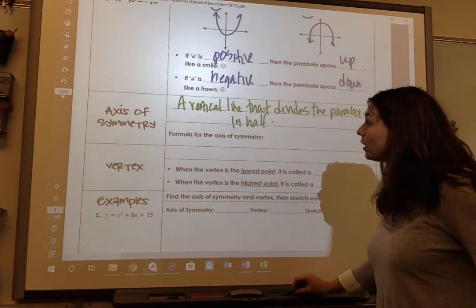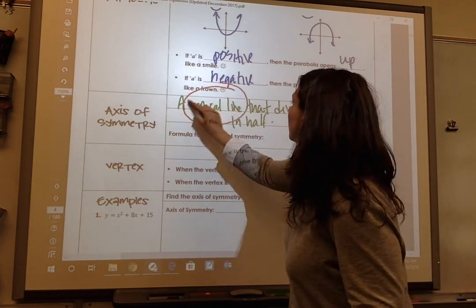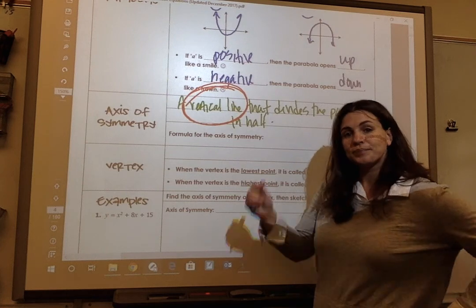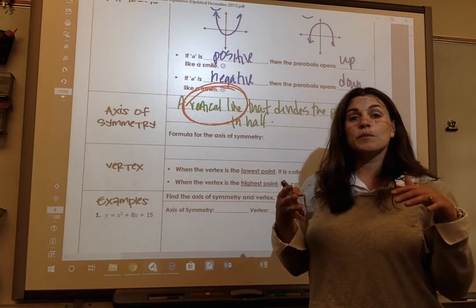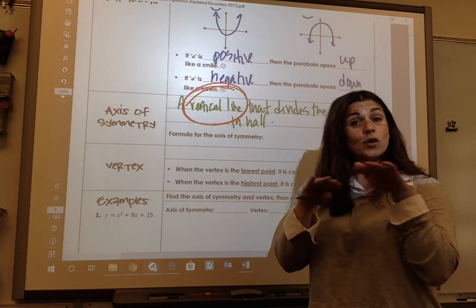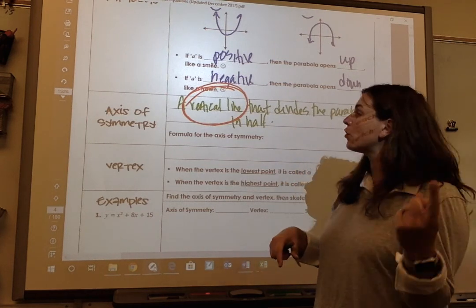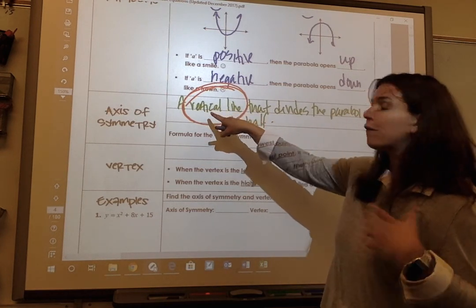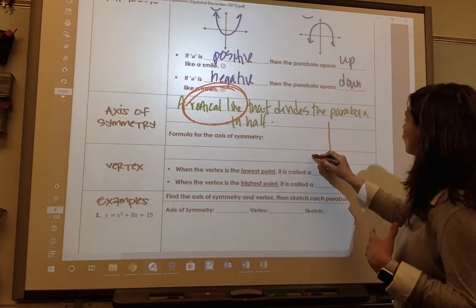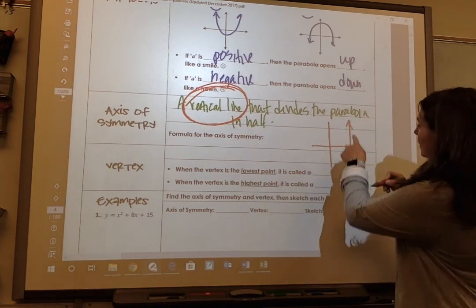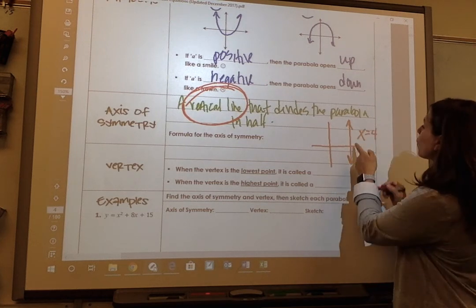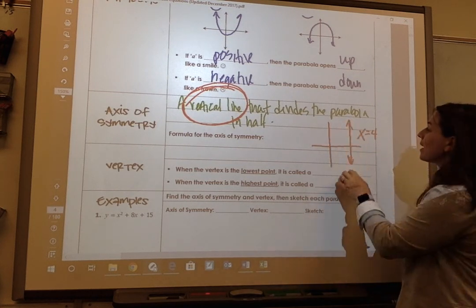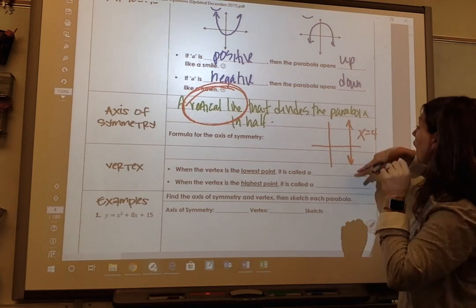Now, I want you to notice this. A vertical line. When we did linear equations, we talked about the difference between the equation of a vertical line and a horizontal line. If you go back in your notes, you'll remember that a vertical line, if I asked you the equation of this line right here, was in the form x equals 4 or x equals something, because it had an undefined slope.